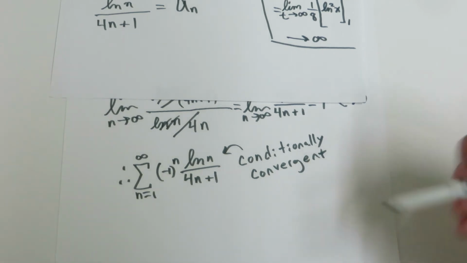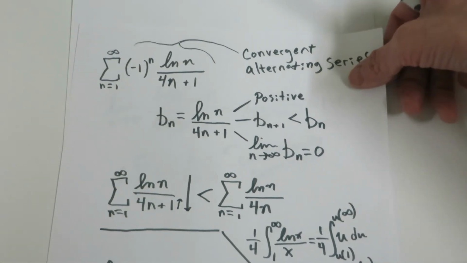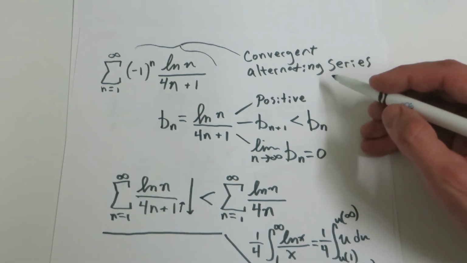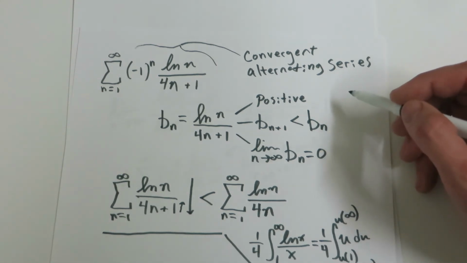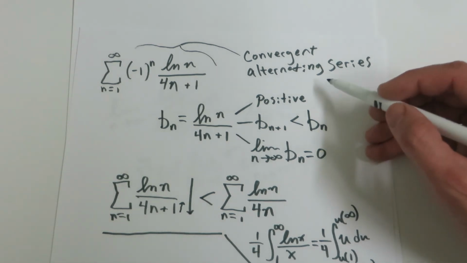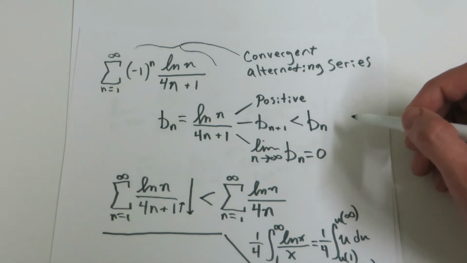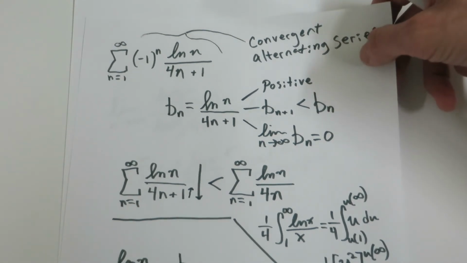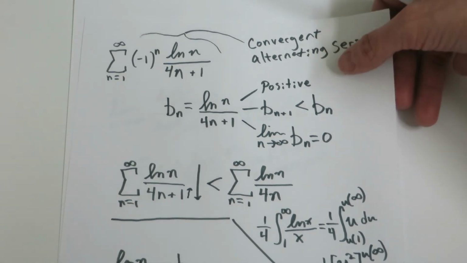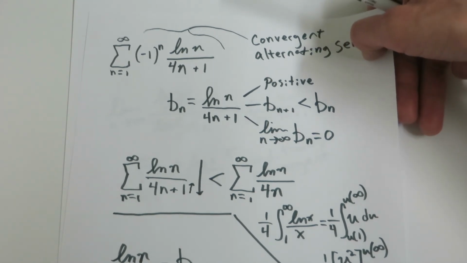Okay. Now notice a couple of things. When we did our alternating series, you could have stopped here, but this would have only been partly true. You could say, oh, this is a convergent alternating series, and you would have been right. But you still wouldn't have shown whether or not it is absolutely or conditionally convergent. And notice that our hypothesis in the beginning was that maybe we could have just used the comparison test and then the integral test.